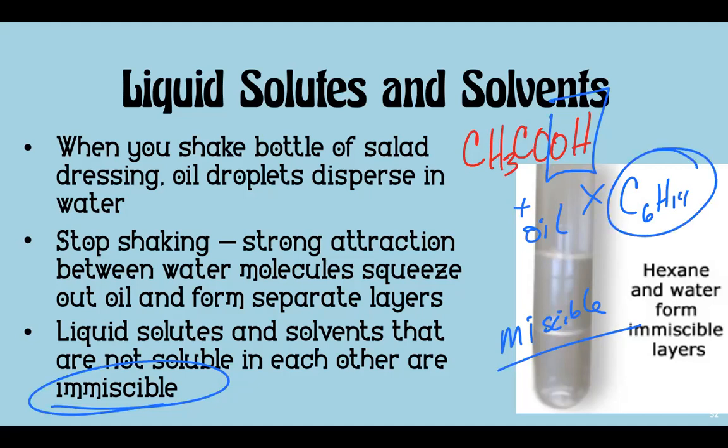That is a pure hydrocarbon, which means there is zero polarity there, because remember, polarity comes from the oxygen-hydrogen bond. If you don't have oxygen, and you only have carbon and hydrogen, then that is purely nonpolar. So if you've got hexane and water, which of course is highly polar, they form immiscible layers.